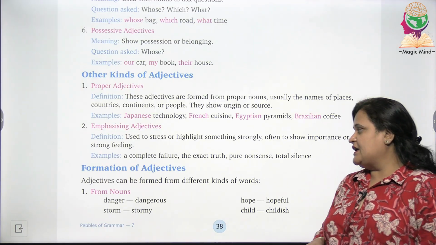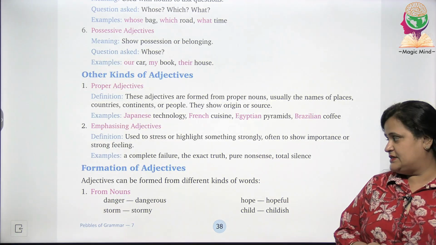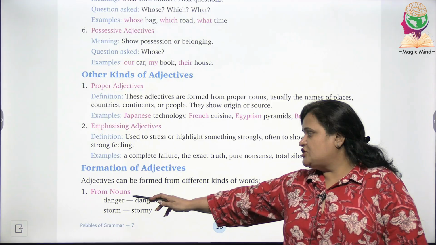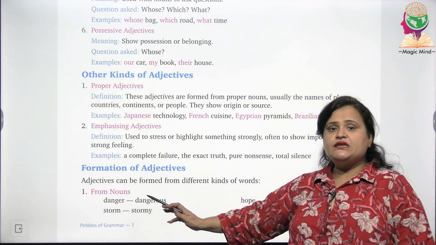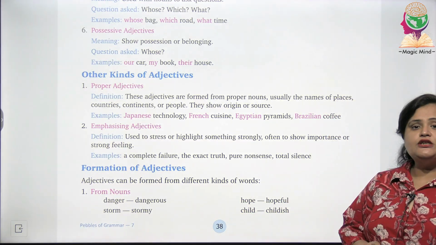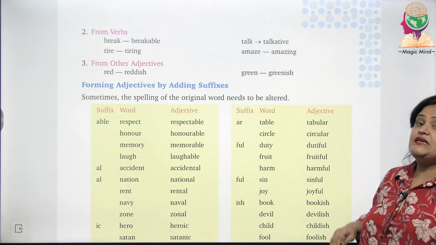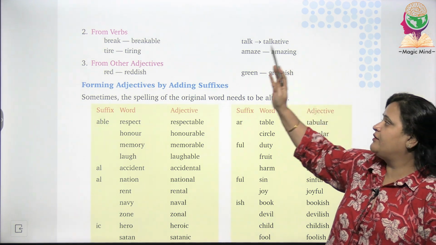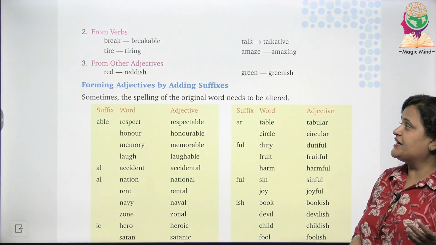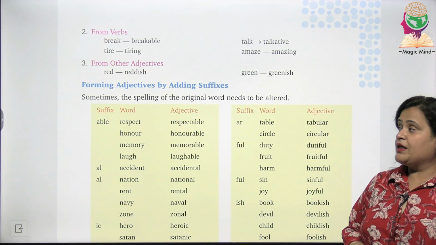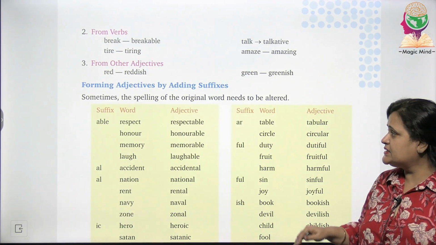फॉर्मेशन ऑफ एडजेक्टिव देखेंगे. एडजेक्टिव्स कैन बी फॉर्म्ड फ्रॉम डिफरेंट काइंड्स ऑफ वर्ड्स, जैसे कि डेंजर से डेंजरस, होप से होपफुल, स्टॉर्म से स्टॉर्मी, चाइल्ड से चाइल्डिश. फ्रॉम वर्ब में ब्रेक से ब्रेकेबल, टॉक टॉकेटिव, टायर टायरिंग, अमेज अमेजिंग. फ्रॉम अदर एडजेक्टिव रेड से रेडिश, ग्रीन से ग्रीनिश. अब दिया हुआ है बच्चों आपको फॉर्मिंग एडजेक्टिव बाय एडिंग suffixes.